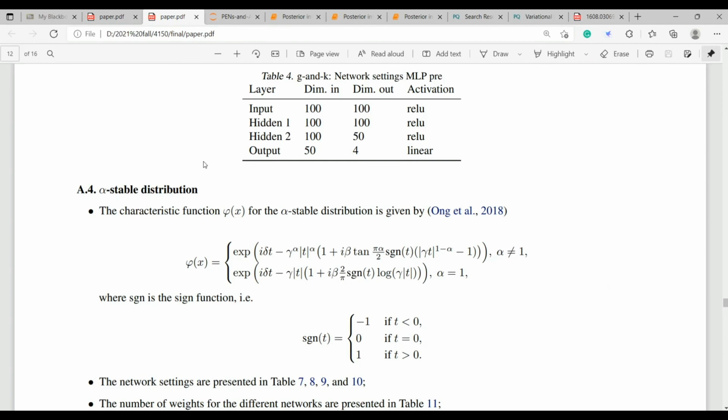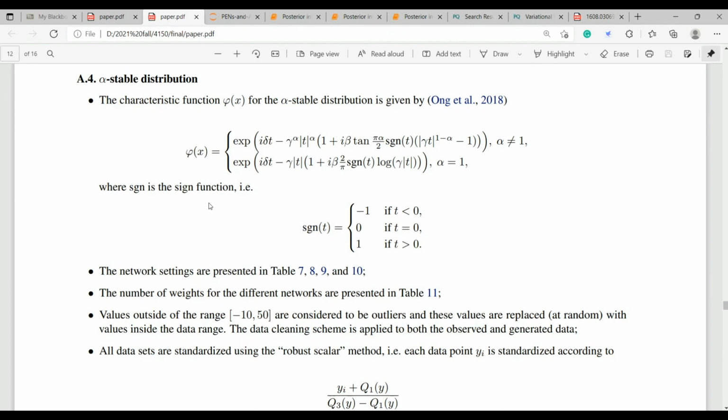Also, from the supplementary materials, we got this sign function. It is a special function that jumps from 0 to 1, and it returns an integer variable that indicates the sign of the argument.